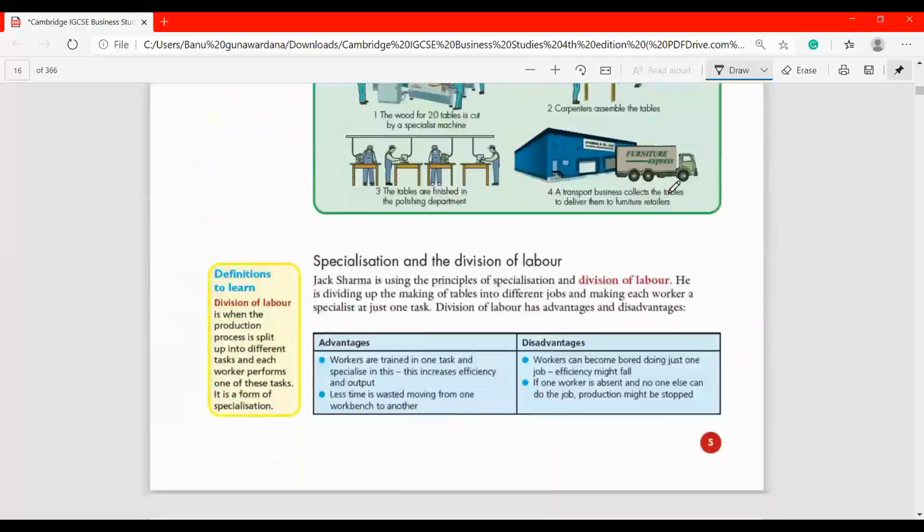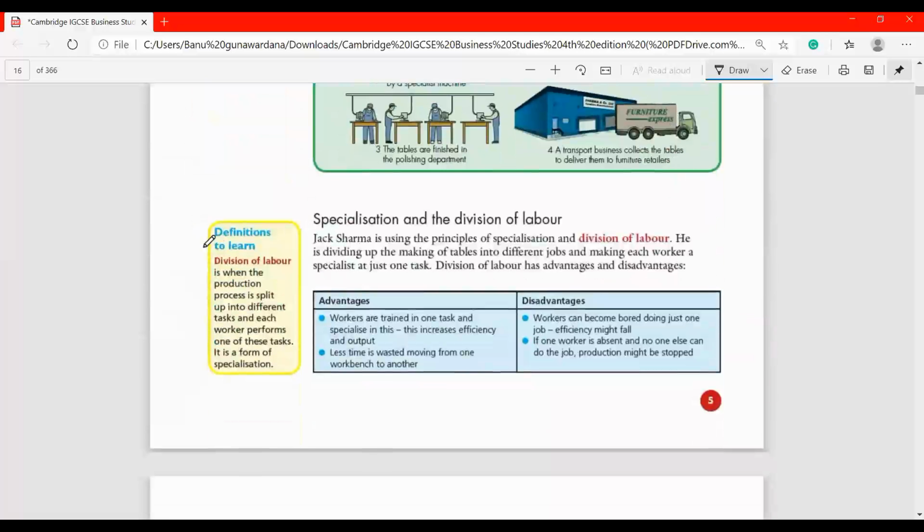So next we encounter something known as division of labor. So what is this division of labor? The term itself implies that division of labor is when the production process is split up into different tasks and each worker performs one of these tasks. It is a form of specialization.